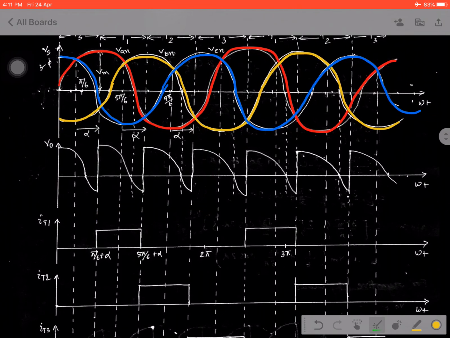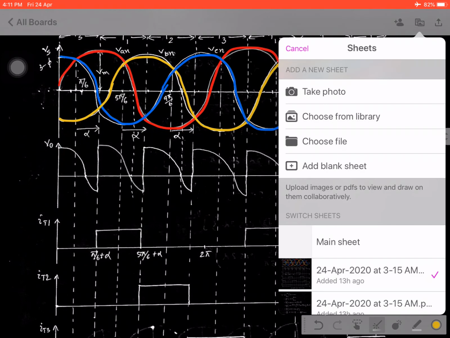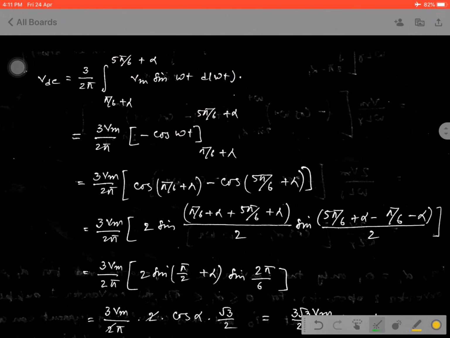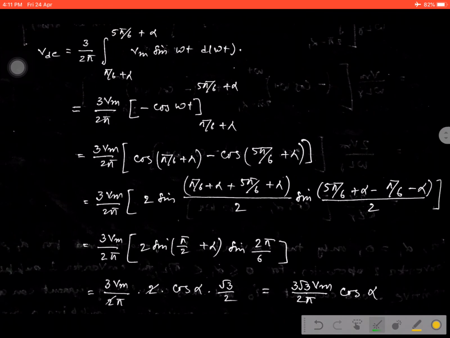And in a complete cycle, any one peak is confined in a particular region, this duration, that is, this point is pi by 6 plus alpha, and this point is 5 pi by 6 plus alpha, right?